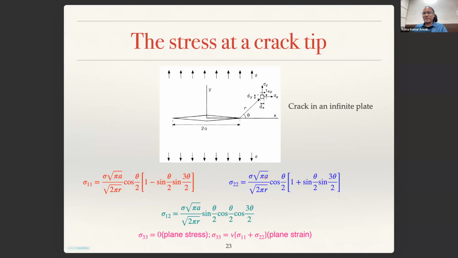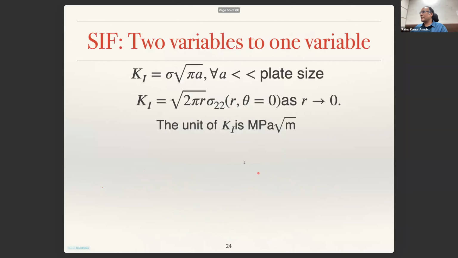And here you have a semi-infinite crack. So this sigma root pi a tells you by how much this stress is getting intensified, right? Because this sigma is the applied stress, depending on the crack length, the stress intensity is going to be there, and this is why it is called the stress intensity factor.